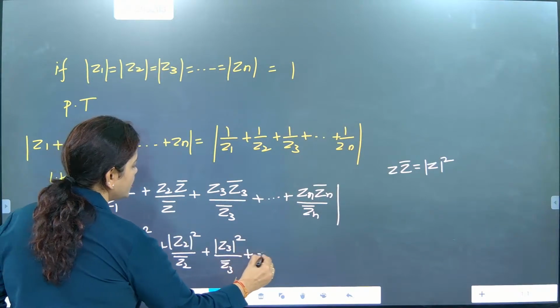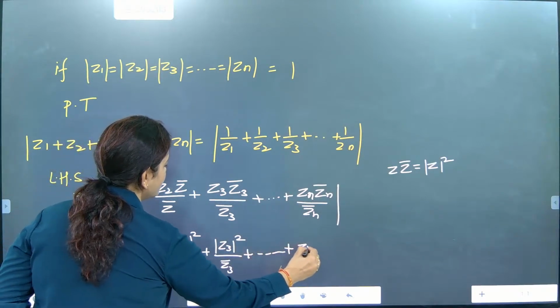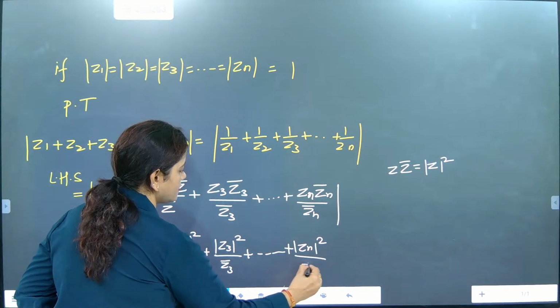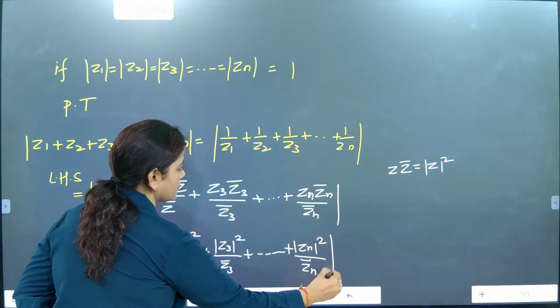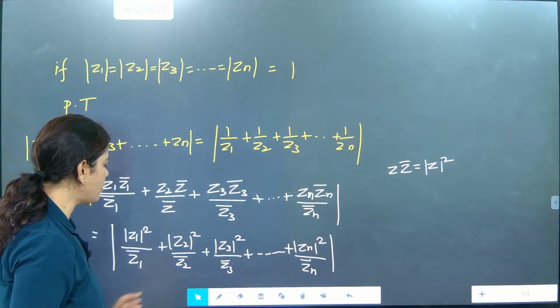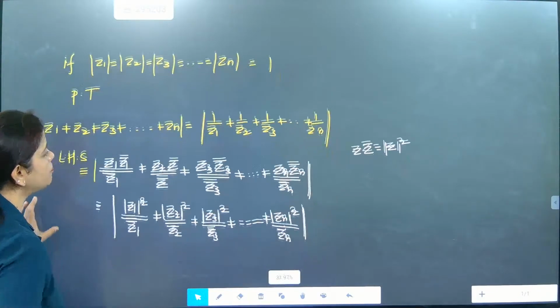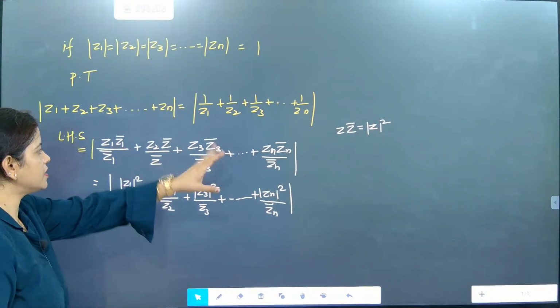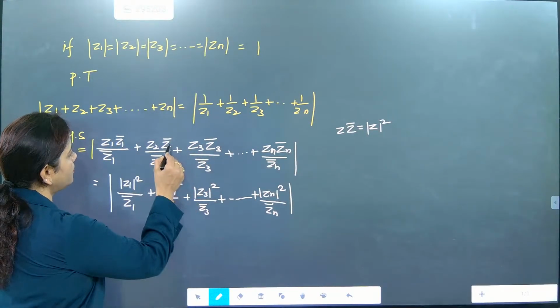That part we are going to write, till Zn. So here, done. See, this is the most important step we have done: multiplying the complex conjugate in every consecutive one.